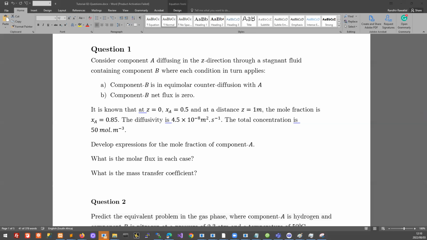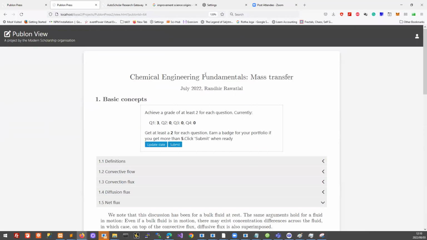In this Publon stuff, where you see achieve at least 2, if you do each of the questions in these Publons and get your score over 2 for all the questions, then you'll get extra marks for that.